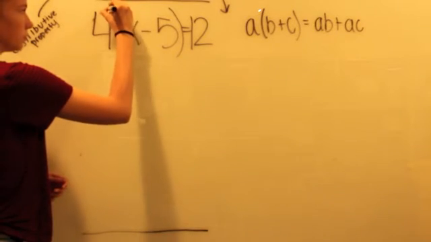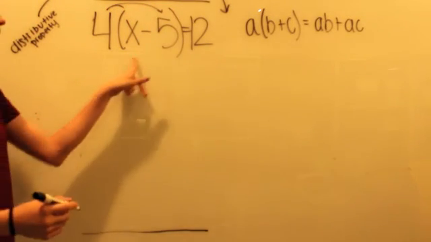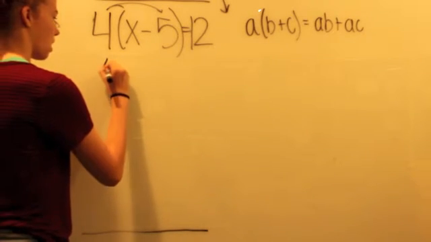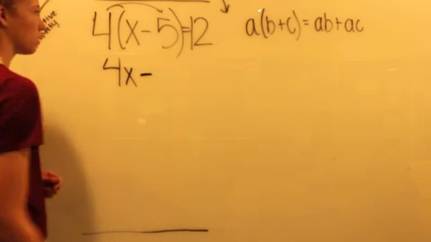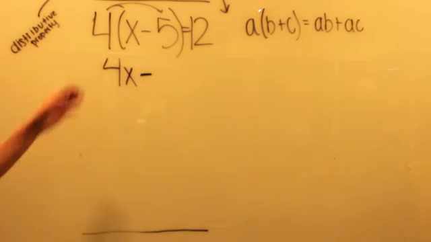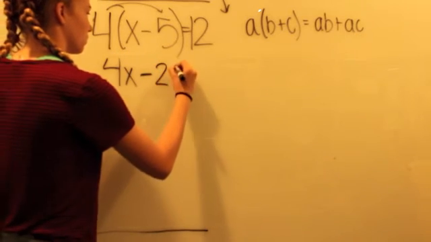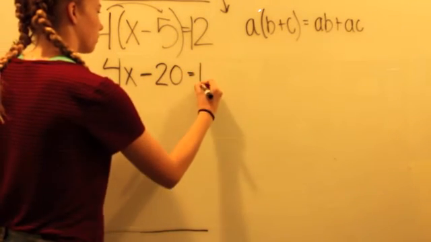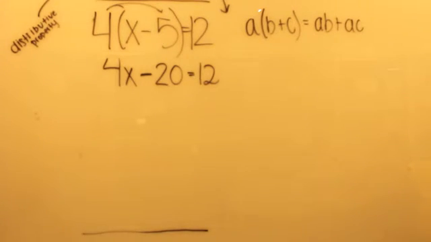Keeping the distributive property in mind, we are now going to multiply 4 by x and 4 by 5. We're going to start by multiplying 4 by x, which will give us 4x. Now we're going to take our 4 and multiply it by 5. This will give us 20. Now we're going to bring down the 12, giving us 4x minus 20 equals 12.